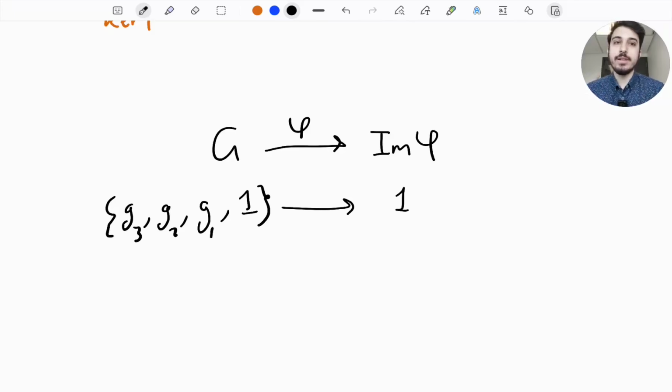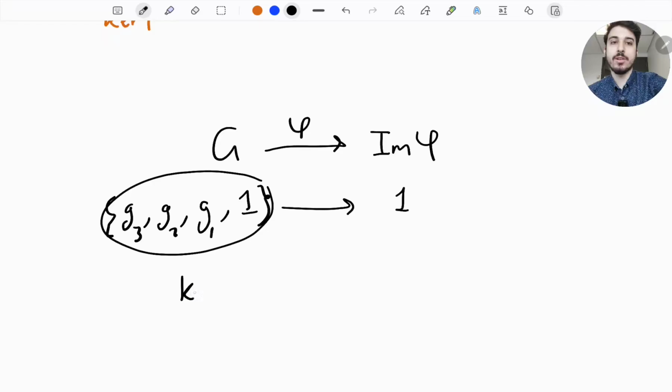The answer here is to collapse all of the elements that map to the identity into a single element, which we call ker phi. And this element is the identity coset in G/ker phi. And we have already seen in lesson 14 that when we collapse things in the quotient group, we preserve the same structure.